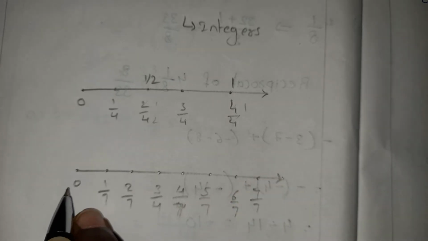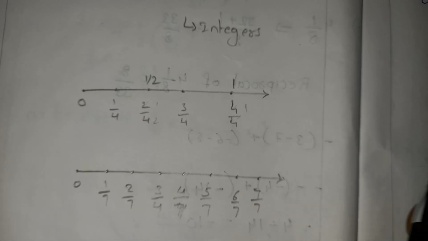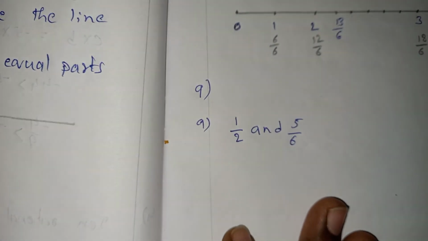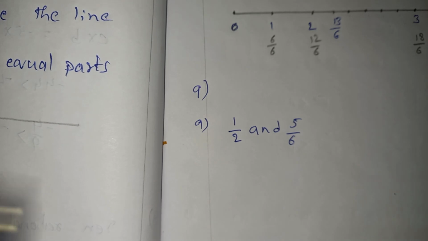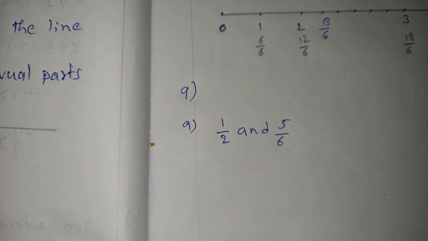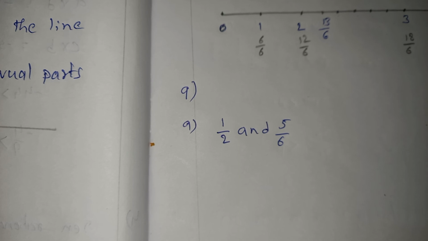But if it is 0, 1, 1 to 2, 3 to 4, it is very easy for us. In this case, how do we have to decide, how do we have to write? I will explain a simple technique. If the denominator is the same, you can easily make equal parts and you can identify any three numbers. You can pick any three numbers, no?